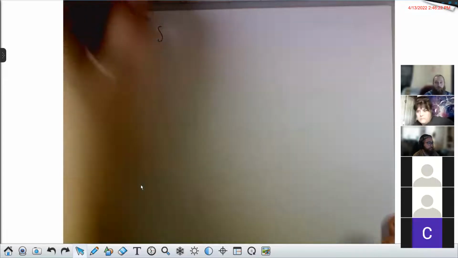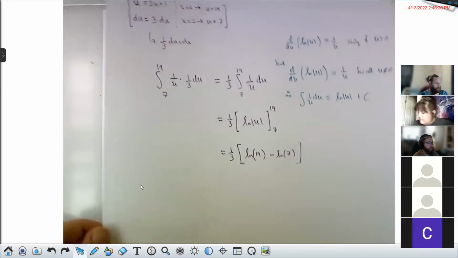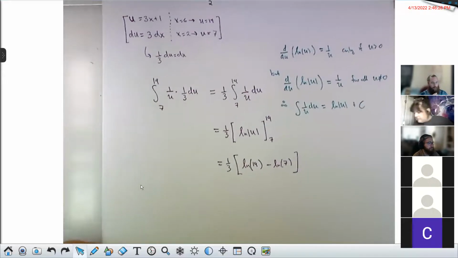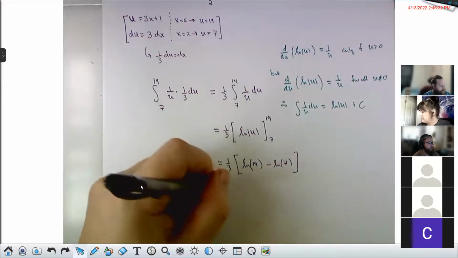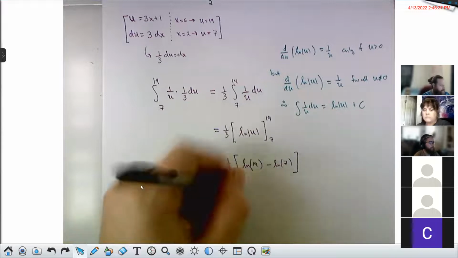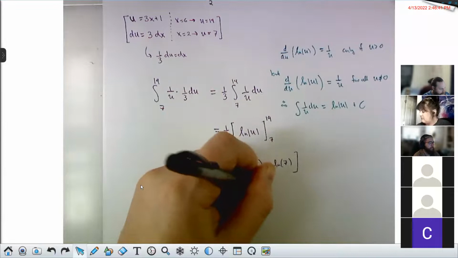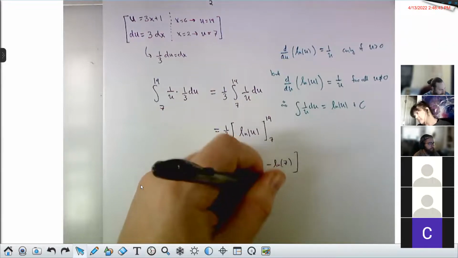Quick question. Sure. We're just leaving it in this instance as like 1/3 times natural log, etc. But like in reality, we're expected to complete it. Well, there's really not much more to complete here. The only thing that you could do is combine these into a single natural log, 19/7.